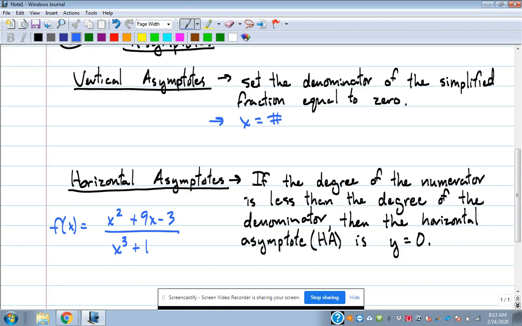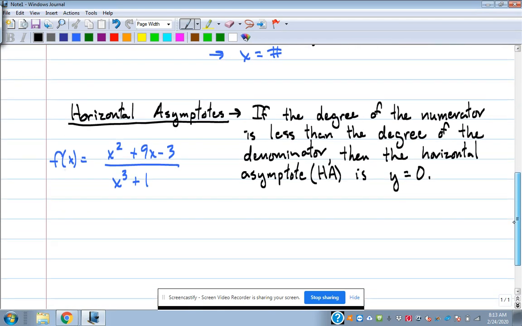It's a rule. It means it's always that way. It never changes, even in the simplified version. So whether you look at the original or the simplified, you can get the horizontal asymptote by looking at that. Okay, degree of the top less than degree of the bottom. It's y equals 0, automatic. Memorize that rule. That's important. You've got to know that.